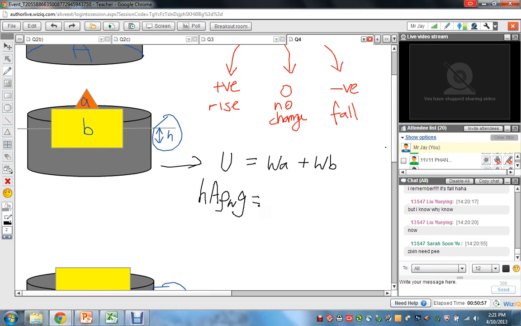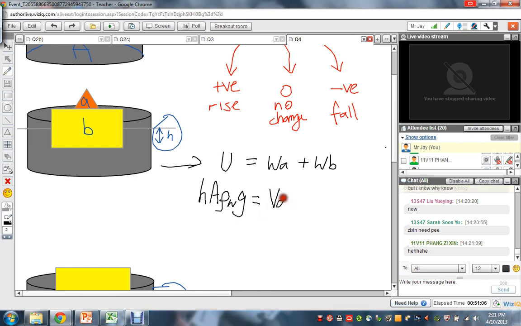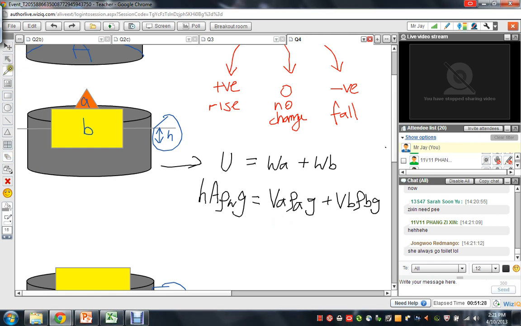Faster lor, then you just miss this small part lah. The weight of the anchor is given by the volume of the anchor times the density of the anchor times G, plus the volume of the boat times the density of the boat times G. Now I want to make H the subject because I want to compare the H's.